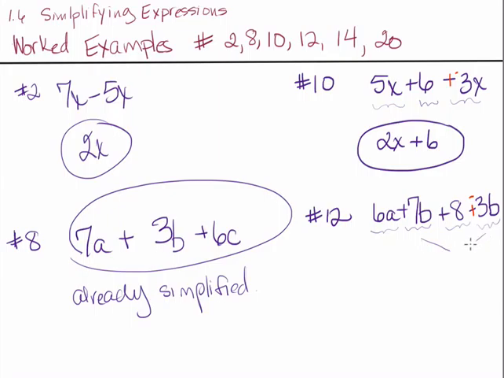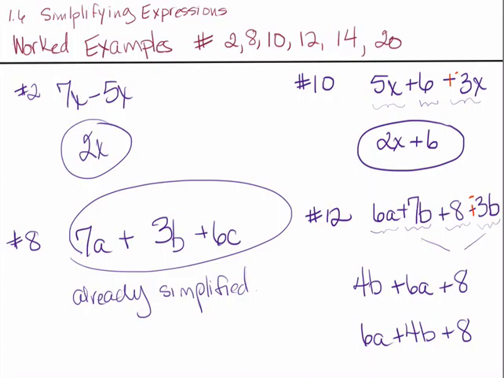So the two terms with b's in them can be combined. 7b's and negative 3b's is 4b's. Now that I've found the ones that I can combine, I can write the plus 6a plus 8 at the end. Or if I wanted to, I could leave the terms in alphabetical order, writing 6a plus 4b plus 8.